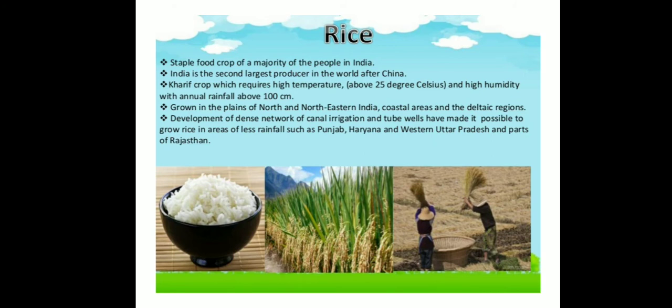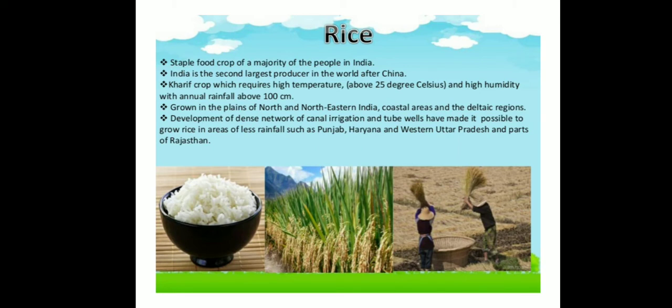and the delta region. Development of a dense network of canal irrigation and tube wells has made it possible to grow rice in areas of less rainfall such as Punjab, Haryana, western Uttar Pradesh, and part of Rajasthan.